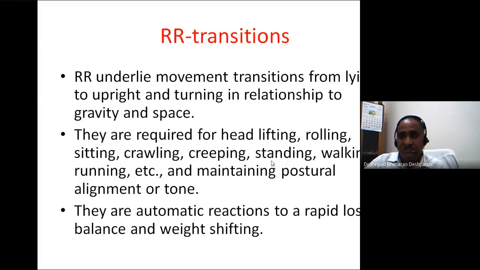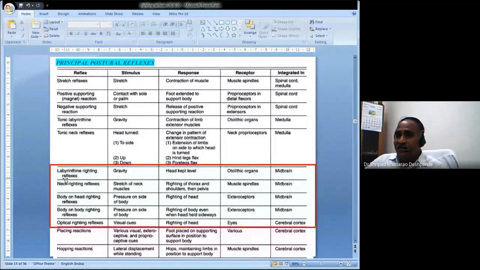These are some of the transitions of the righting reflexes. Maybe they are too small to read, and I will go back one by one. I'm expanding them one by one in my next slides.